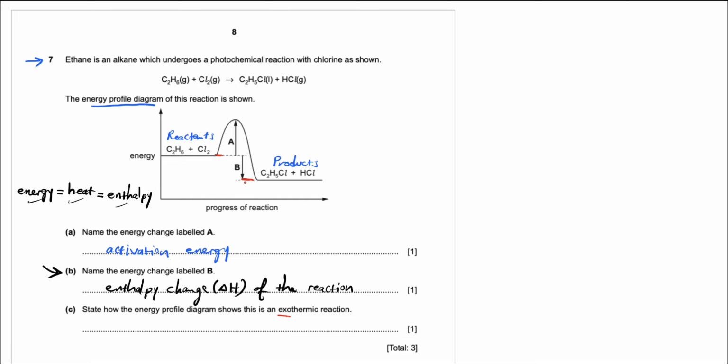So you may say products energy level is less than reactants energy level, or you may just say reactants energy level is higher than products energy level. So say it the way that you prefer. So you may say the energy of the reactants is higher than the energy of the products.